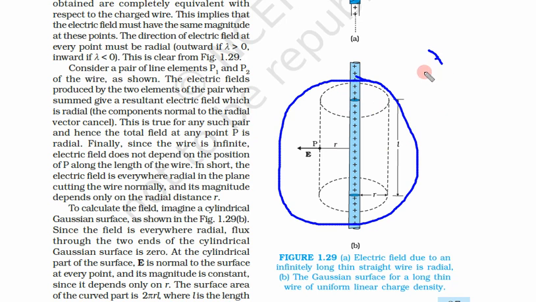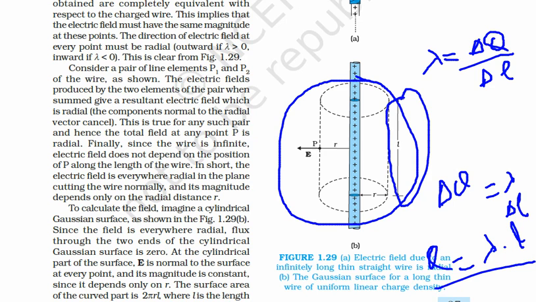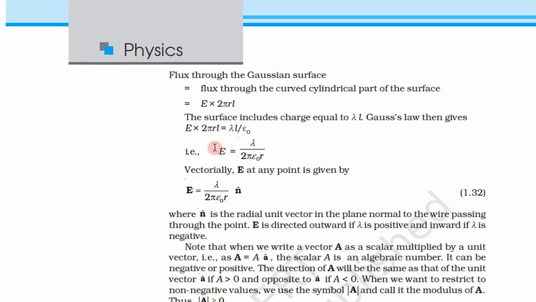The linear charge density lambda was delta Q by delta L. Now the total length of this element is L. So the total charge enclosed Q is simply lambda into length L. So the total charge enclosed by this Gaussian surface is lambda L.